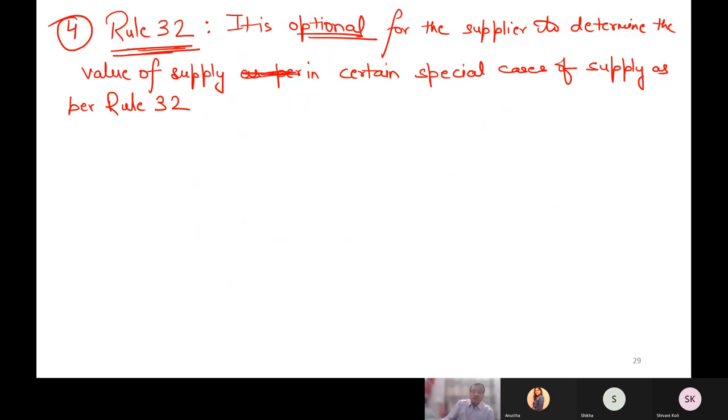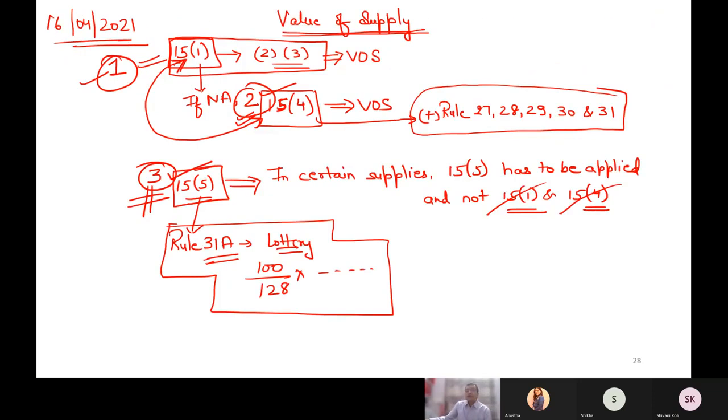It's not compulsory. The supplier has the freedom to decide whether the supplier wants to compute the value of supply as per rule 32, and if not as per rule 32, then what? Maybe as per 15.1 or 15.4. That's it.